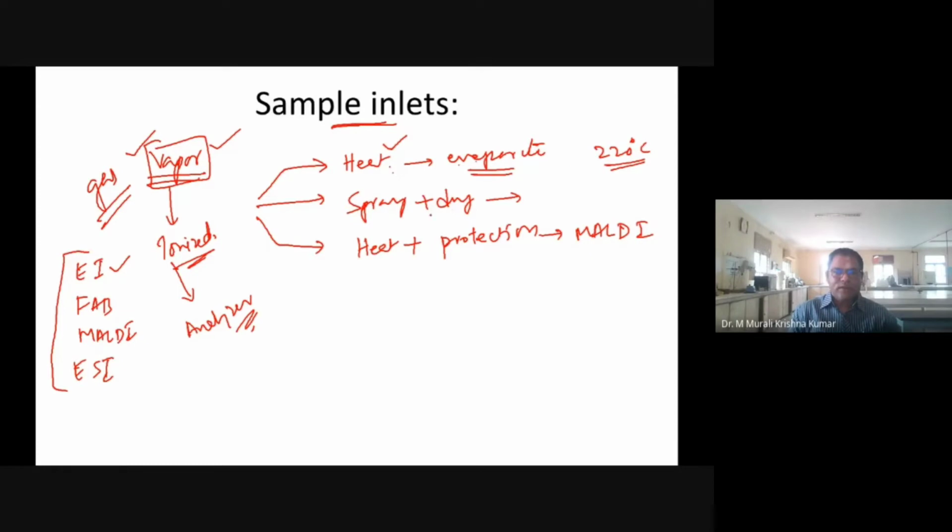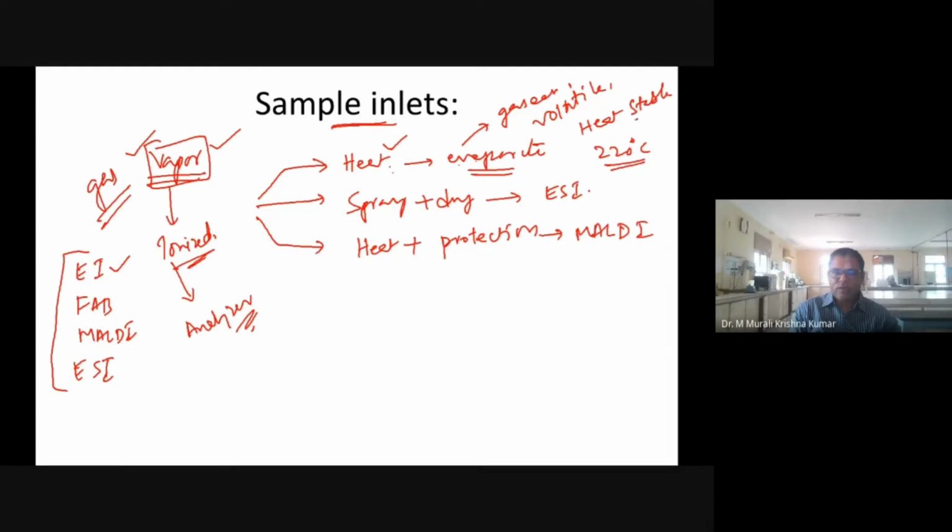The second one is we spray and use a drying gas, like in electrospray ionization. In the first case, heat and evaporate, we can use gas samples or gaseous, volatile samples, and heat stable.